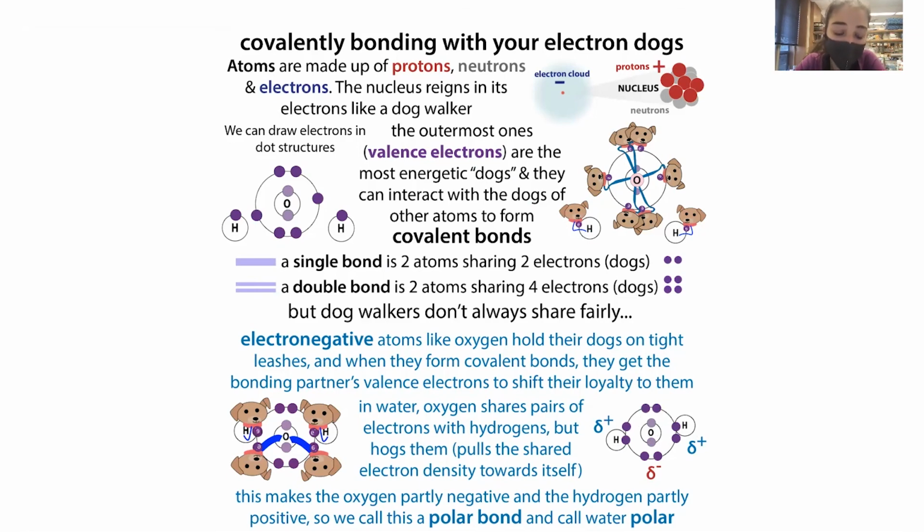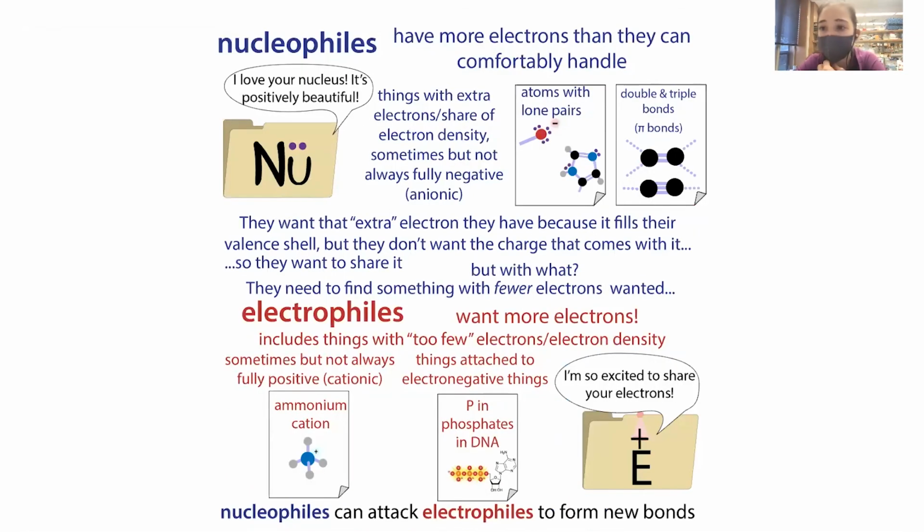And therefore, it's going to be looking for something it can share the charge with, so it's going to be seeking out an electrophile. We call them nucleophiles because the nucleus is where the protons are, where the positively charged stuff is. They love the nucleus of another atom, and the other atom would be the electrophile.